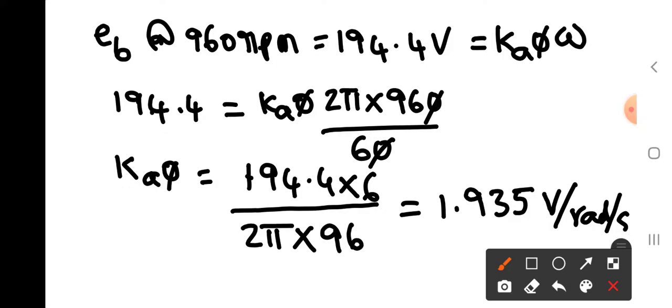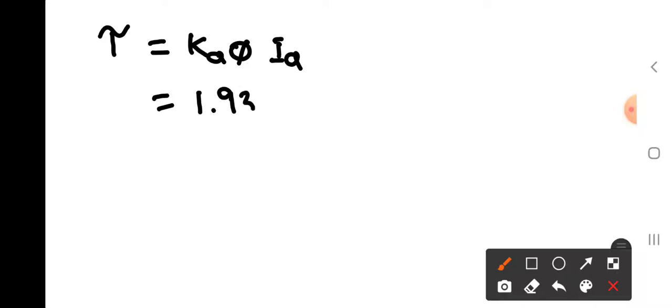Now we substitute this Ka pi value in the torque equation, and finally we will get the torque. Therefore the torque tau is equal to Ka pi into Ia. This Ka pi value is constant, 1.935, into the Ia value at 600 rpm, which is 16.9.